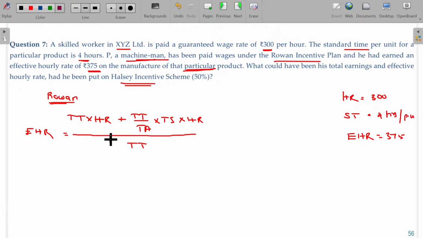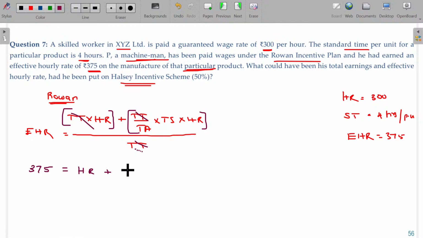So here, effective hourly rate being 375 is equal to, now, this will be hourly rate plus, okay, this one also divided by time taken, because of the common denominator will be cancelled.